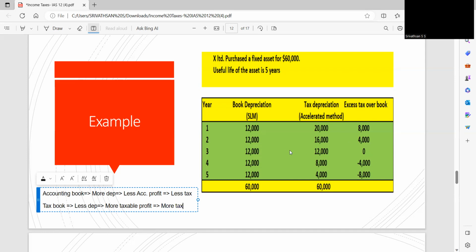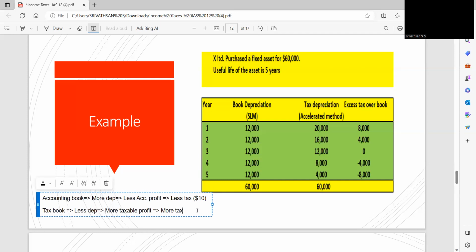So in this case, for example, according to IFRS, X Limited is estimating to pay a tax of, let's say, $10. But the tax authority might want X Limited to pay a tax of, let's say, $12.